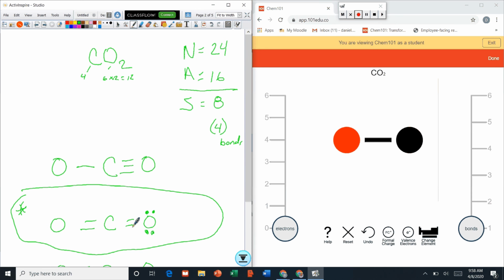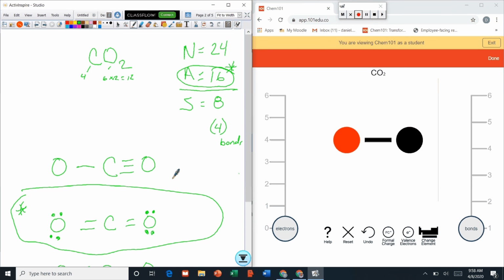So 2, 4, 6, 8. Same thing on this side, 2, 4, 6, 8. And so that's 2, 4, 6, 8, 10, 12, 14, 16. So there's my number of 16. Like I said, the available number is the most important number. That's the number we have to get to.